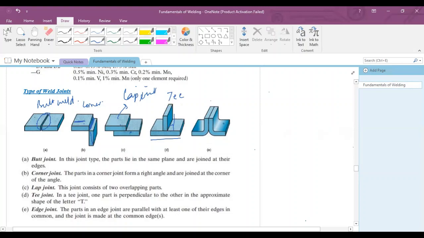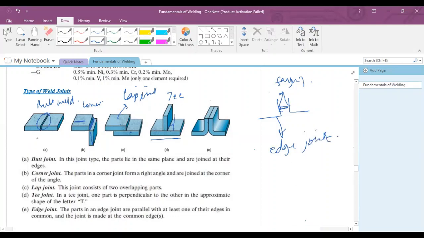The last one is the edge joint. In an edge joint, two parallel surfaces are joined. Like if you have these two L-type parts, and this is one facing surface and this is another facing surface, and you weld these two parts, you form this edge joint, right?